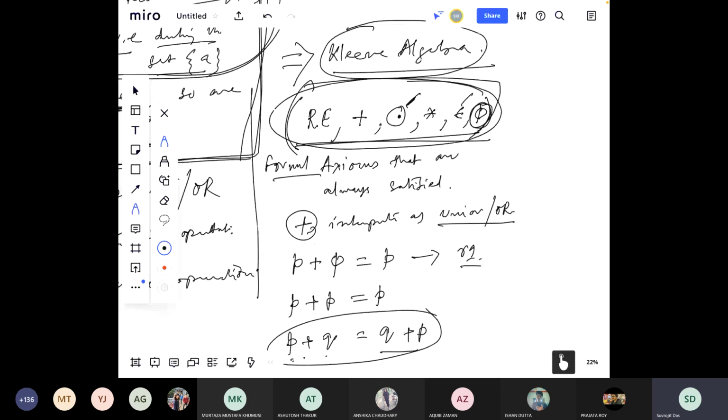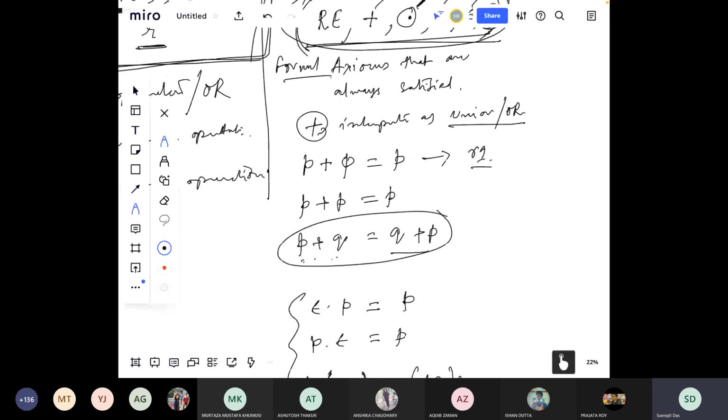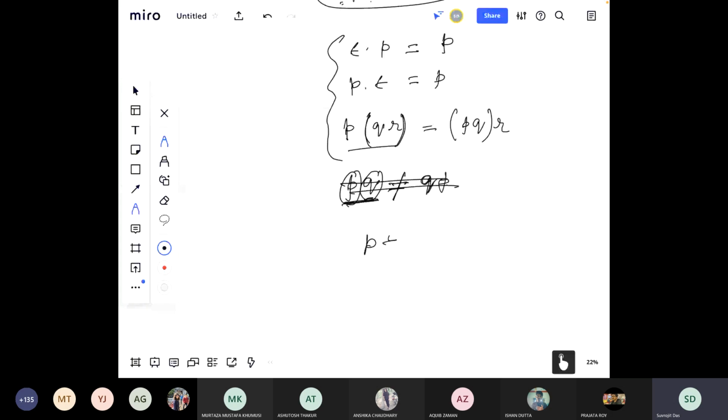The plus commutes. What is the star operator? The star operator has certain definitions. If P is a regular expression and Q is a regular expression, the closure of P plus Q should be P star Q star, right? Something like this.